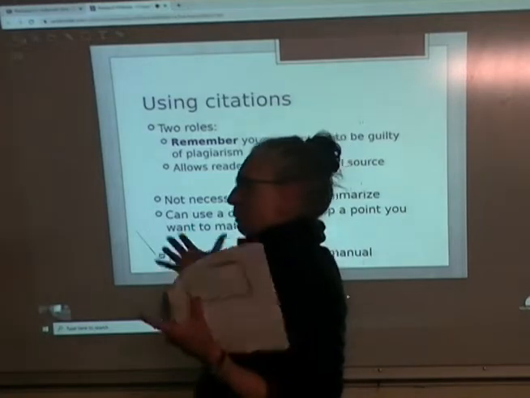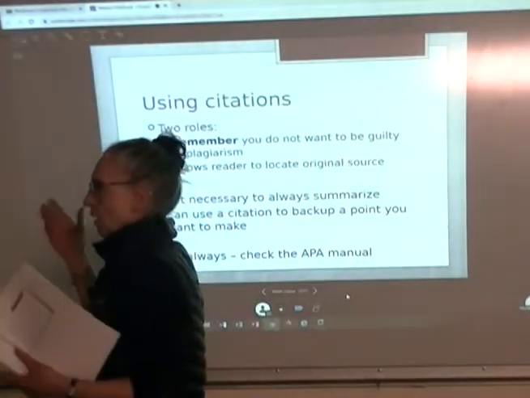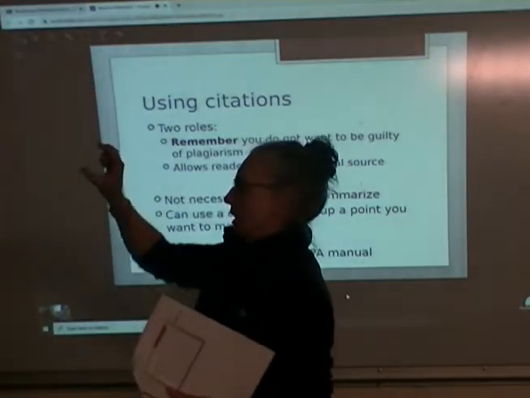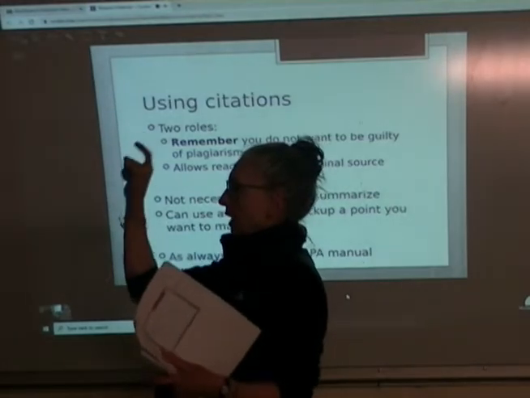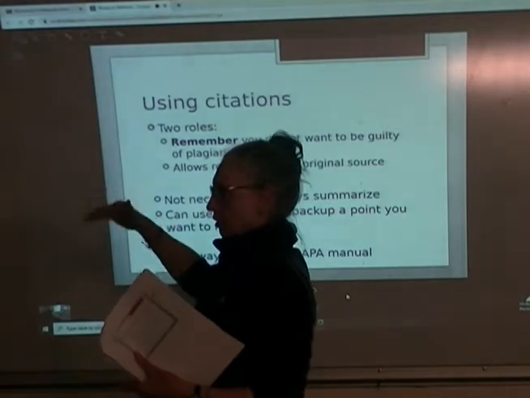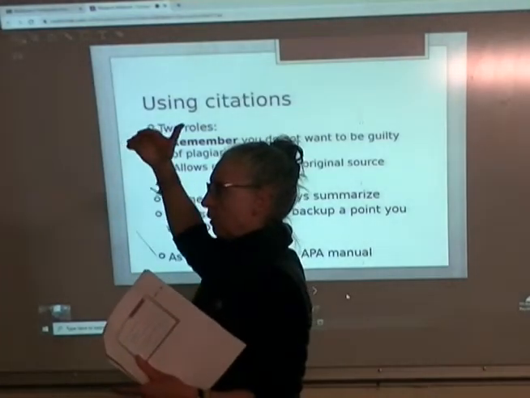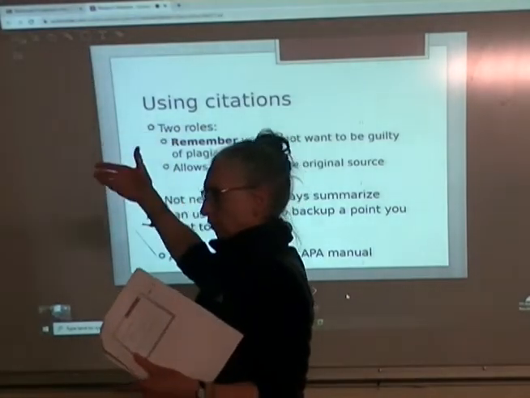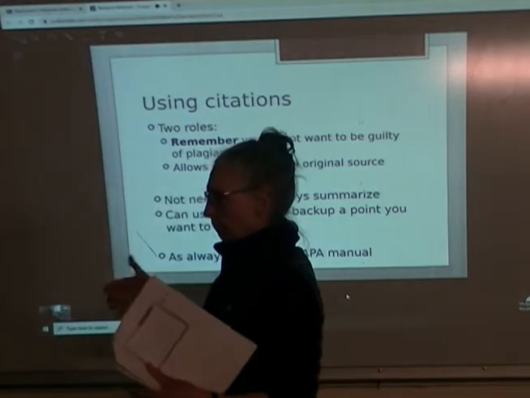So the difference between the citation and the reference is the element that we've been practicing that would go at the end of the paper. So you would either have a bibliography or a reference list at the end of the paper. Okay?